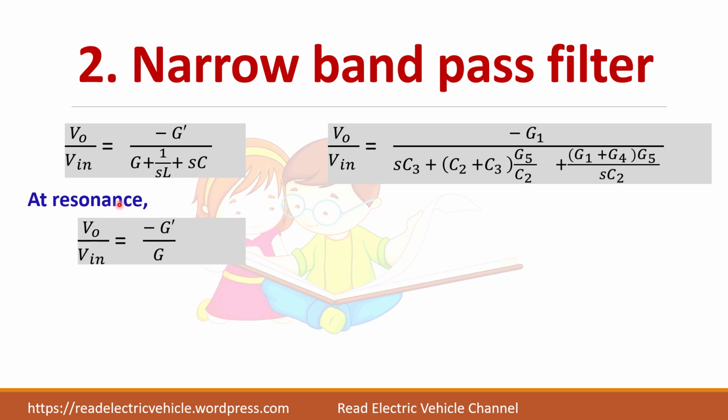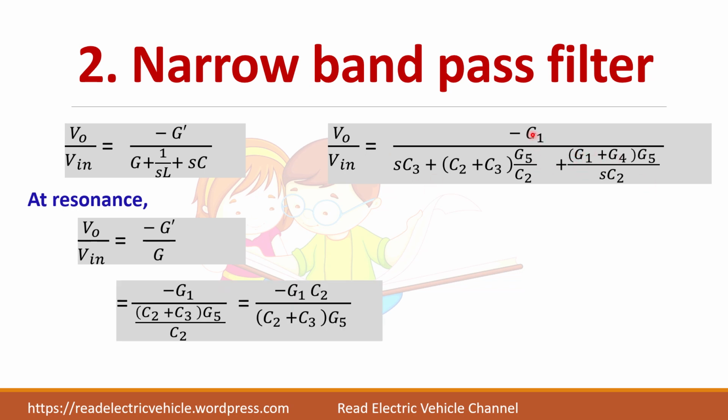So we can write gain is equal to minus G dash divided by G. So here also same thing, this S part and this S part will get cancelled. So it becomes minus G1 divided by this one, G part alone. So you simplify this one. So this C2 will come to the numerator. So at resonance, this is V0 by Vin. The gain is this one.